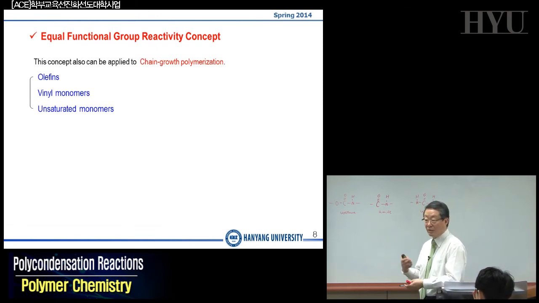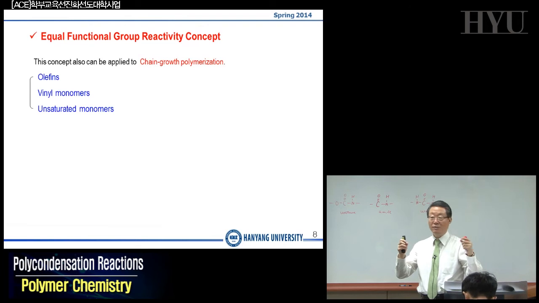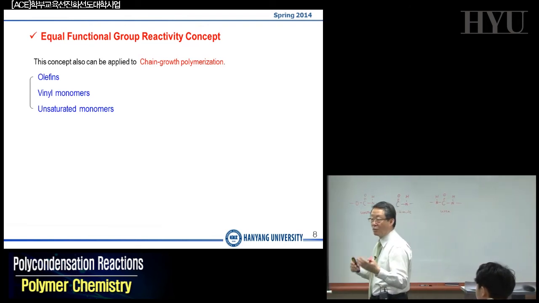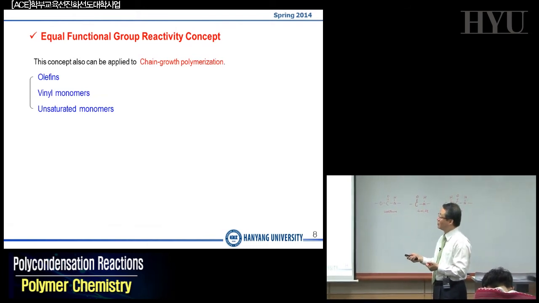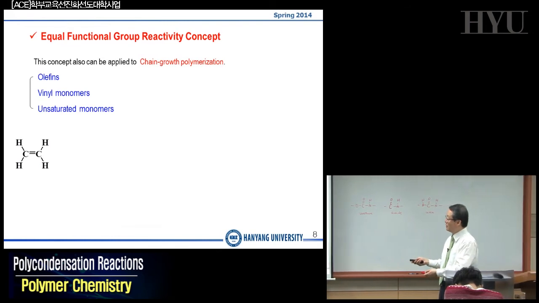Vinyl monomers, ethylene, propylene, vinyl chloride, vinyl fluoride, or unsaturated monomers containing double bonds. If you have two double bonds, one double bond, or triple bonds, those are called unsaturated monomers. You can form, for example, polyethylene from ethylene.